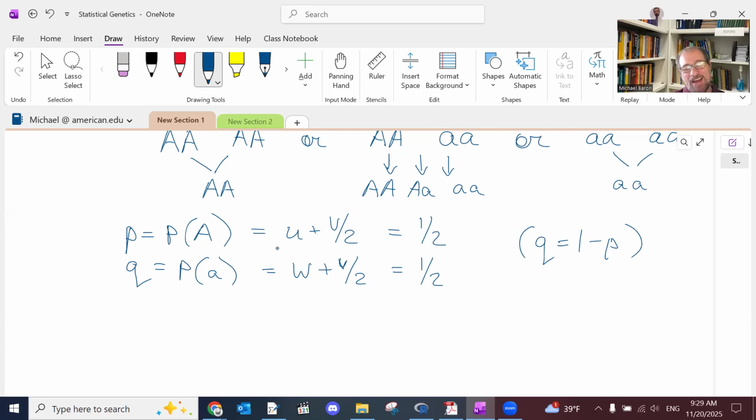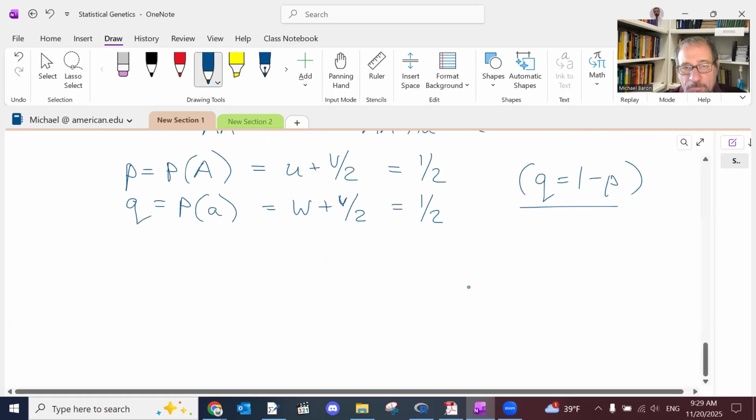But I would advise, just to check yourself, to calculate P and Q according to these formulas. Then you can check if the sum of them is 1. Just a double check.